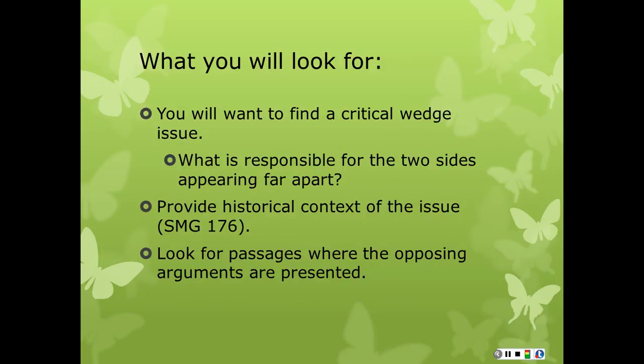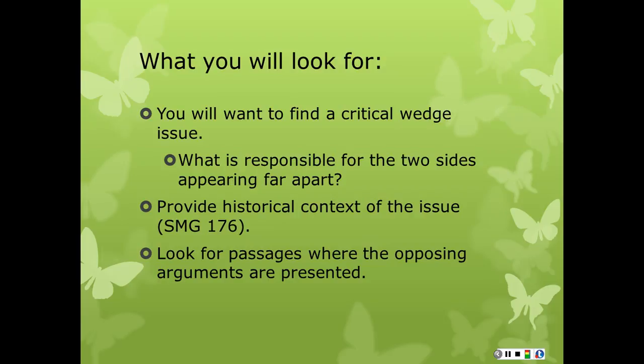What you can look for is a critical wedge issue, and that's basically an issue that is responsible for tearing the two sides apart. If I am discussing school uniforms, maybe the critical wedge just comes down to money. Maybe money is the reason that some people are for the uniforms and some people are against them.